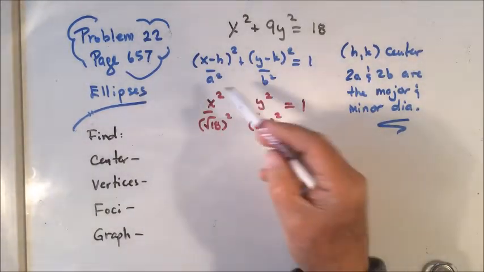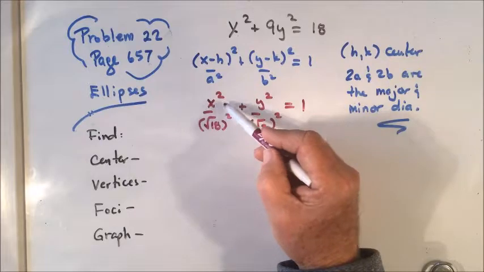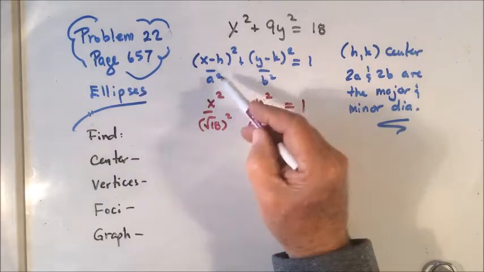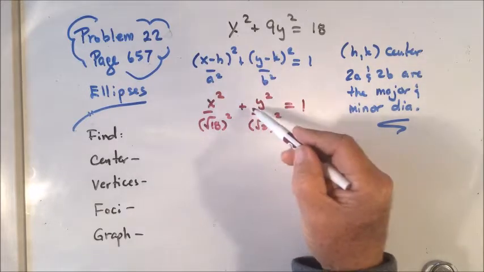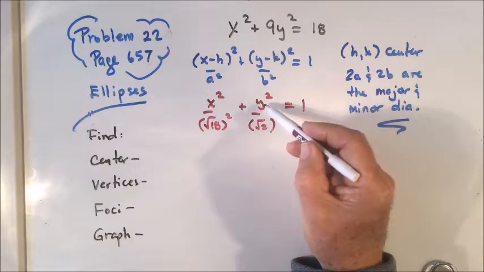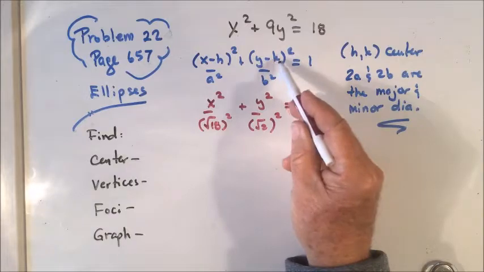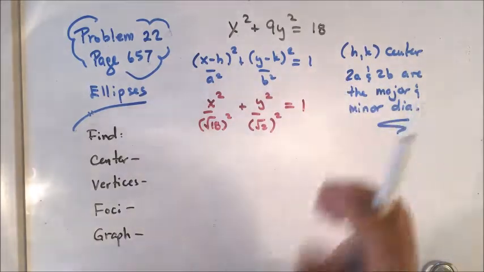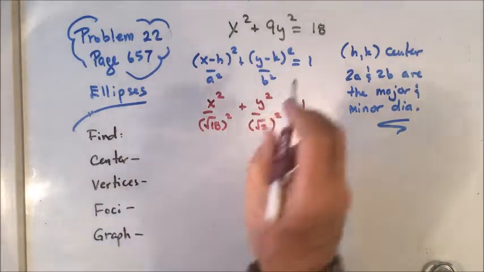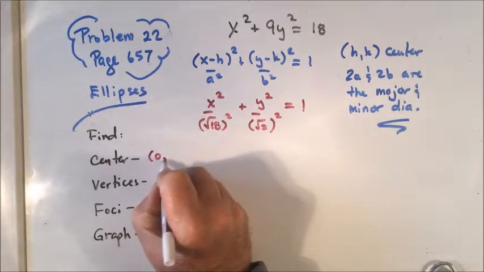All right, so I've got (x minus 0) squared all over some quantity squared, a squared, and I've got (y minus 0) squared all over some quantity, root 2, b squared, is equal to 1. I'm ready to roll here. The center is (0, 0).